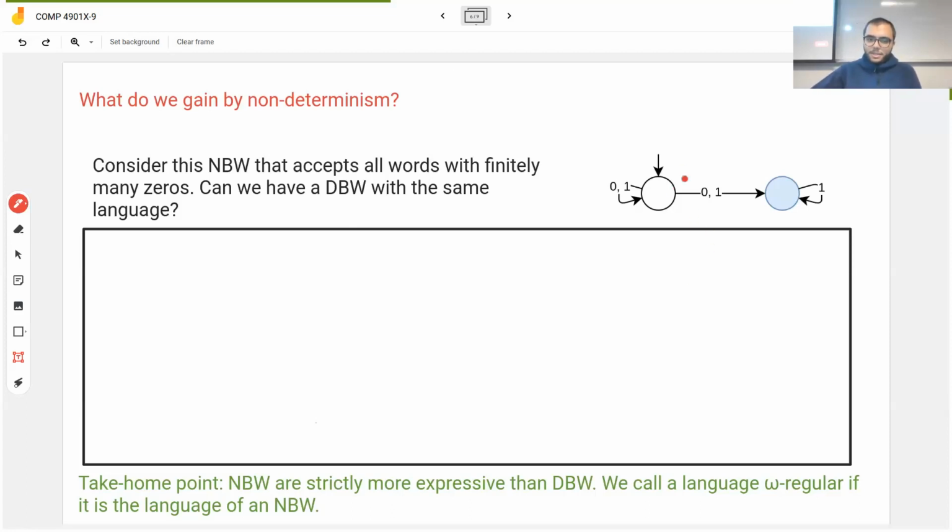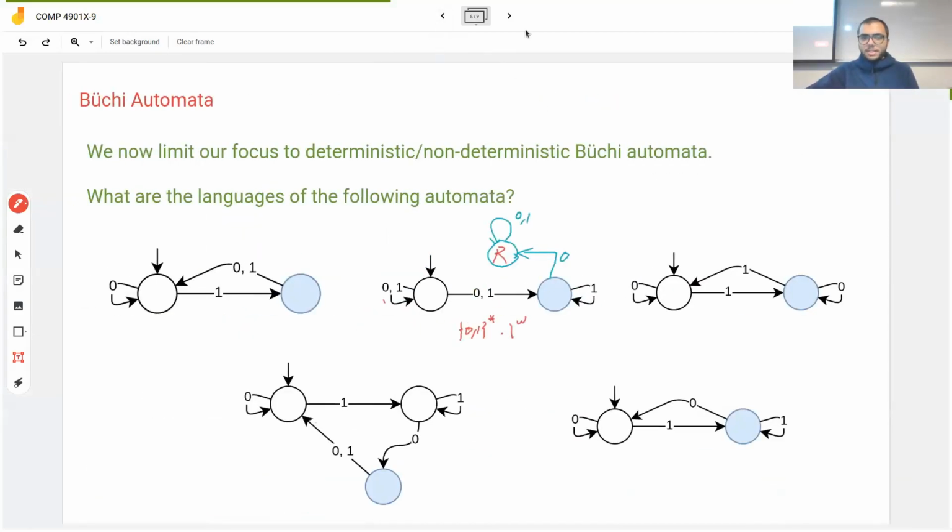Let's look at this automaton. It accepts all the words that have finitely many zeros, or basically all the words that are just one from some point onwards. We saw it here as well. This is the same automaton.